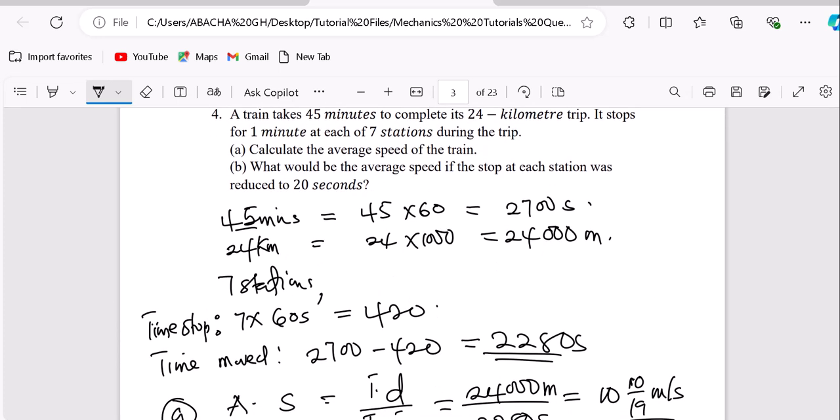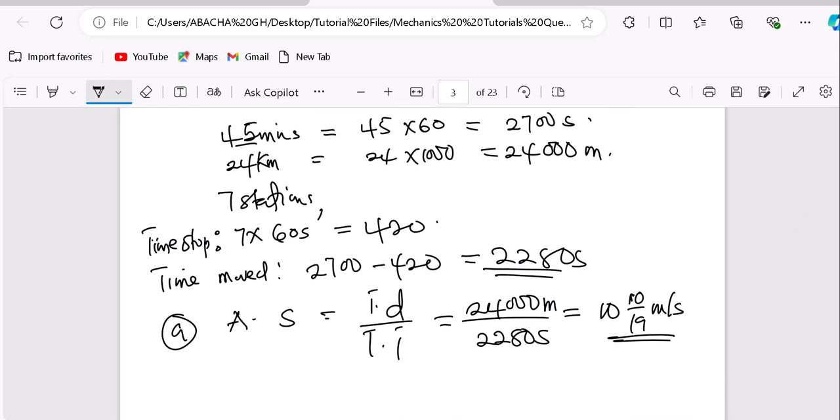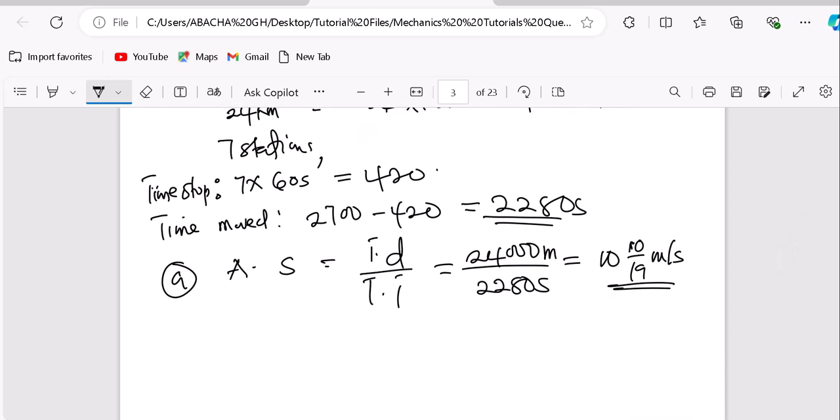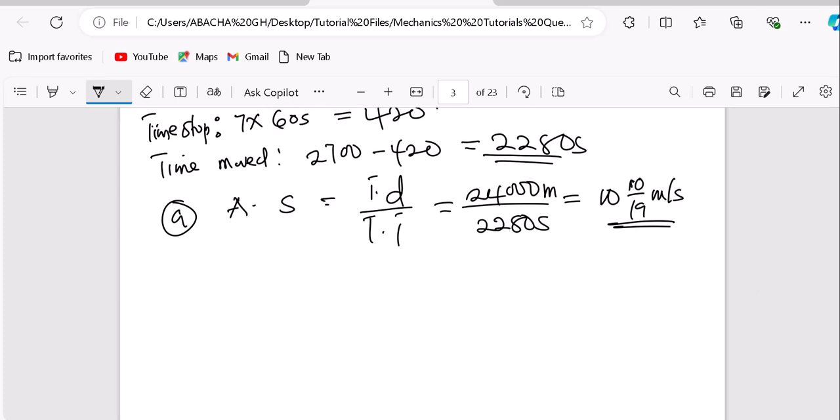Let's come to the B. What will be the average speed if the stop at each station was reduced to 20 seconds? Now the stops are no more 1 minute, but just 20 seconds. So we need to find a new stop time. The new stop time is equal to 7 times 20 seconds, so you get 140 seconds in total.